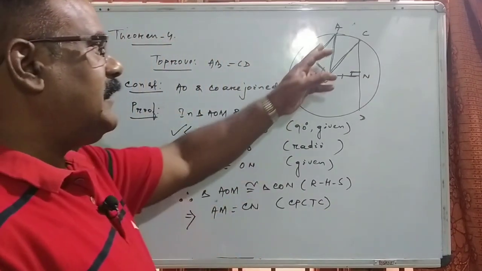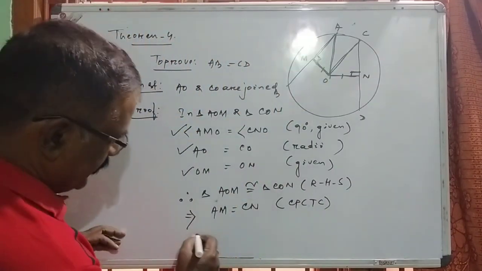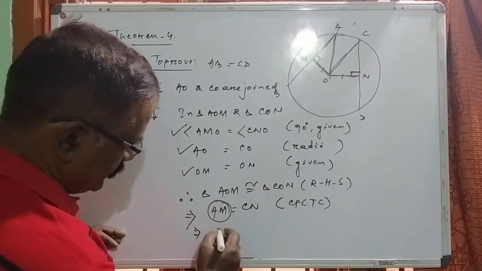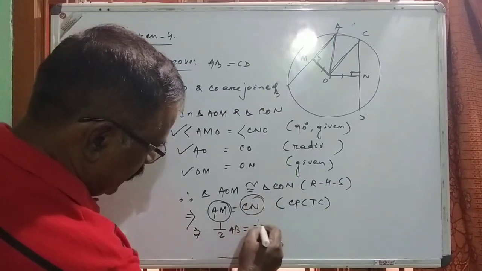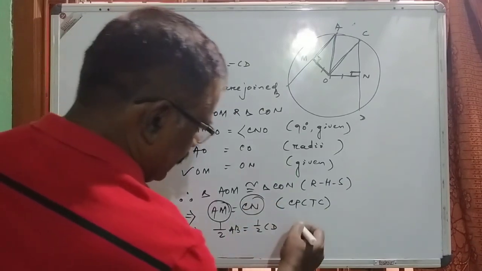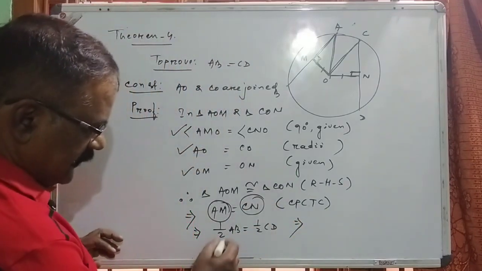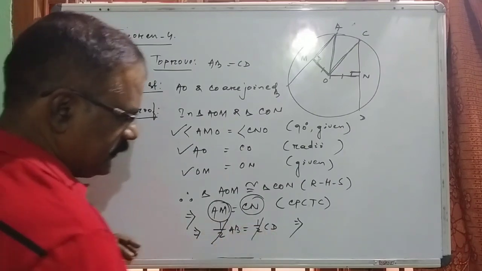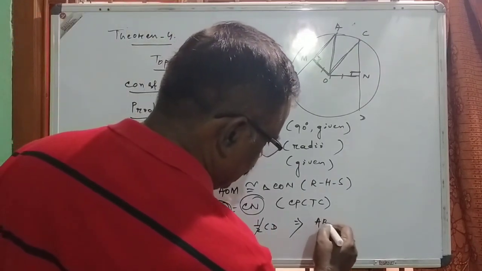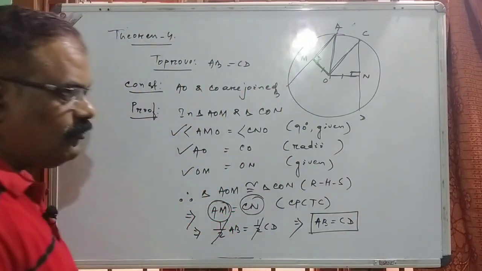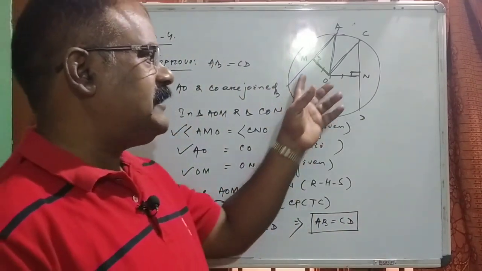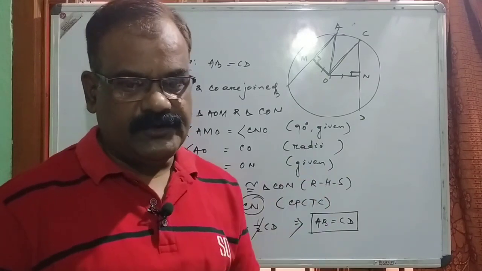But however, AM is equal to half of AB. So in place of AM, we can write AM is equal to half of AB and CN is equal to half of CD. So therefore, cancelling out this half and half, it becomes AB is equal to CD, or hence we can say that if two or more chords are equidistant from the center, they will also be equal.